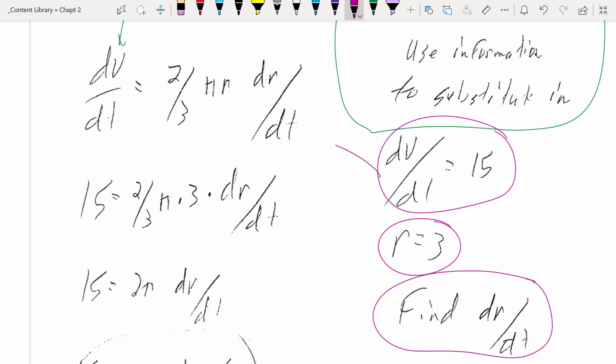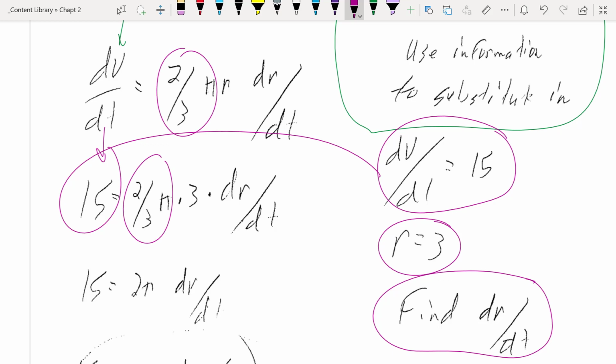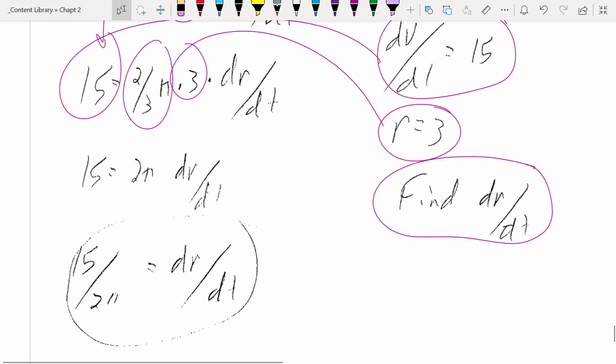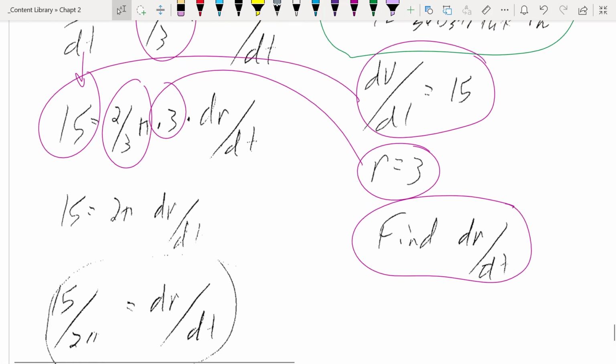So in place of dV/dt, I'm going to put 15, and then I still have my 2/3 pi, and it says when the radius is 3, so I'm going to substitute in my 3, and then I'm going to solve this for dr/dt. So I've got 15 equals 2/3 pi times 3. And notice these 3's are going to cancel right here.